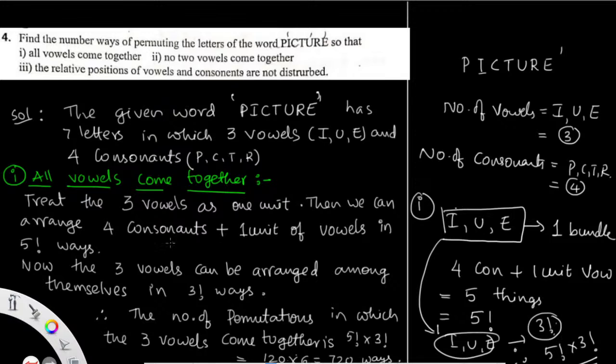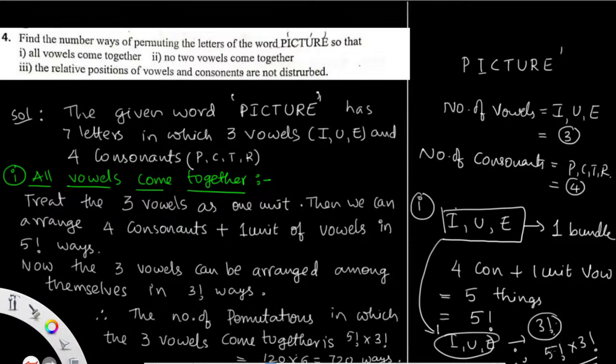Then we have four consonants and one unit of vowels, so five things, which can be permuted in 5 factorial ways. The bundle's vowels can be interchanged among themselves in 3 factorial ways.